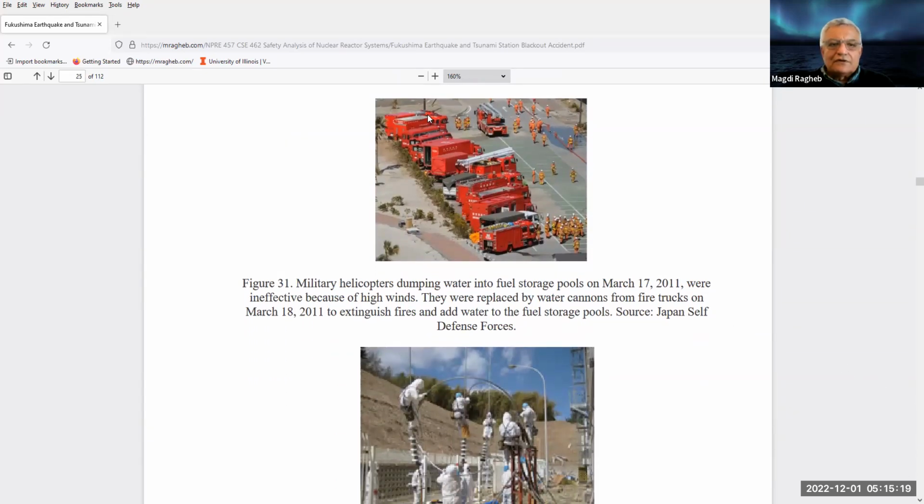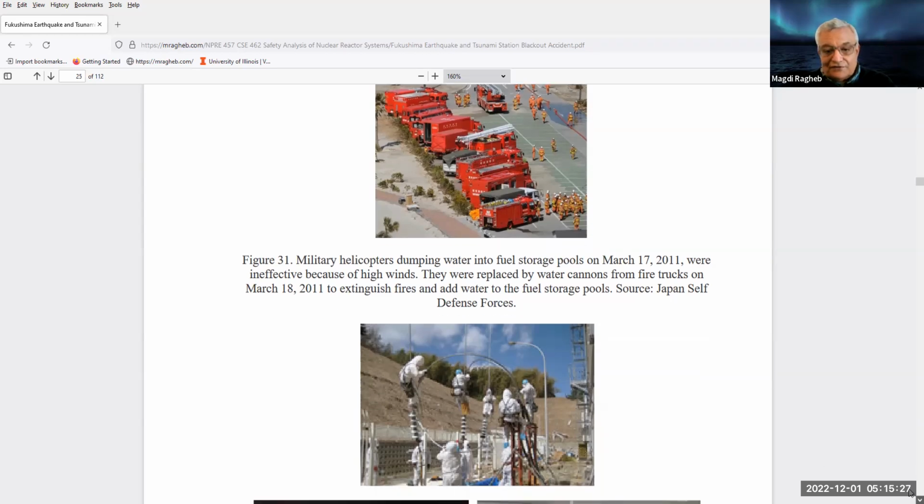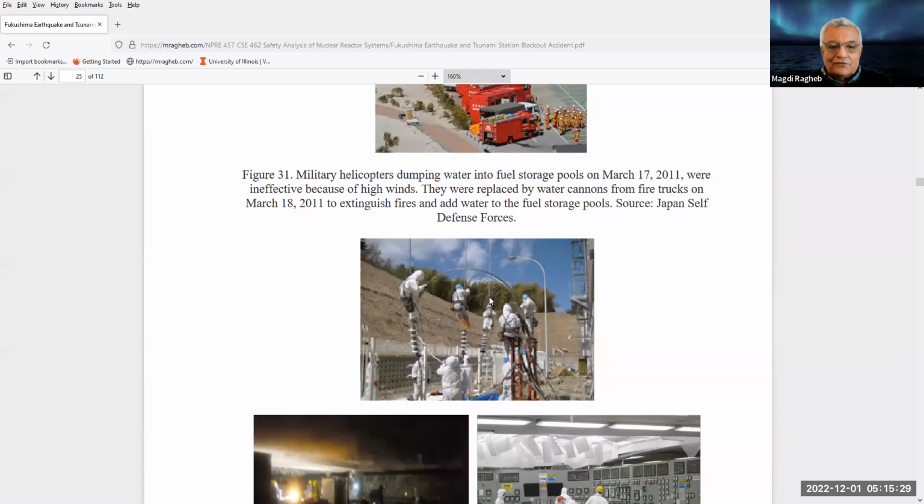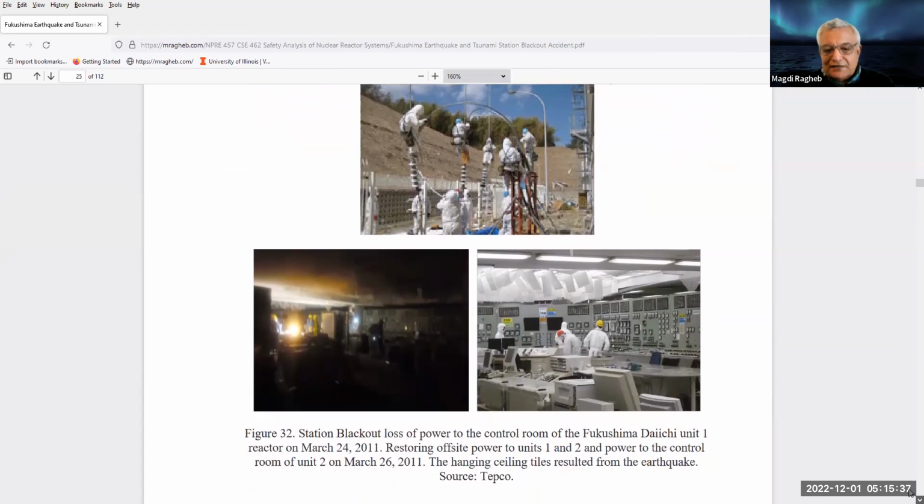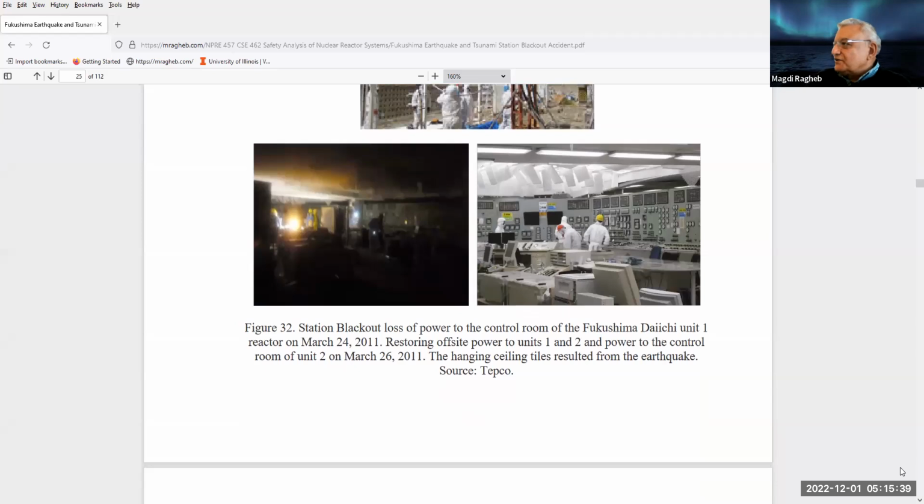These are pictures of the heroic work that was done there with all that firefighting equipment. Here you see that they are trying to direct the pumpers into the reactor building, and it was actually really what we designate as a station blackout.